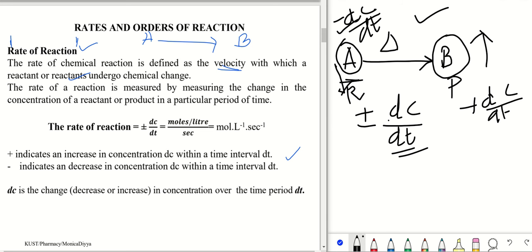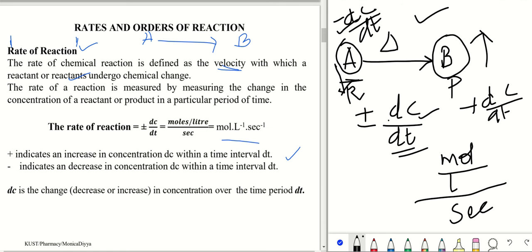Now coming to the units, it is very important to always write down the units. dC is the concentration of the reactants in a particular volume of solution, meaning moles per liter, and dt is always in seconds.